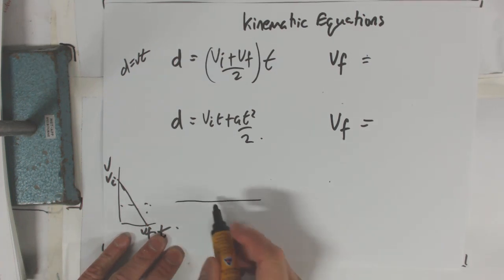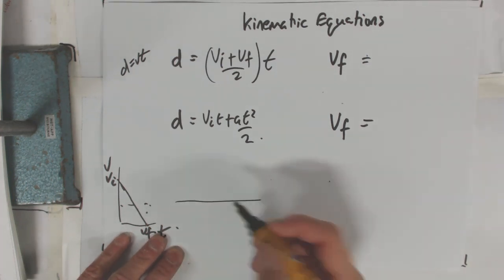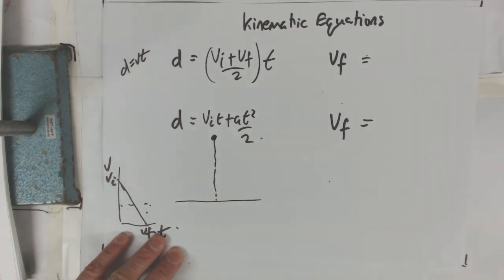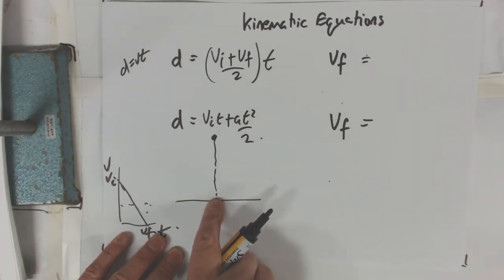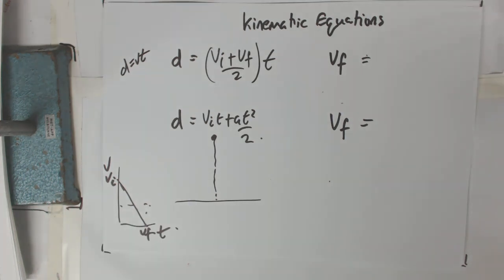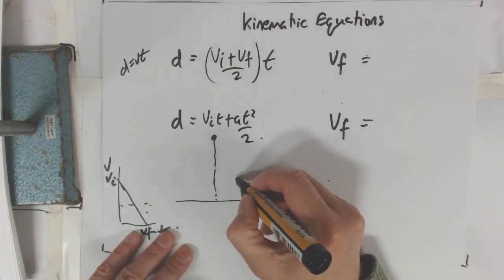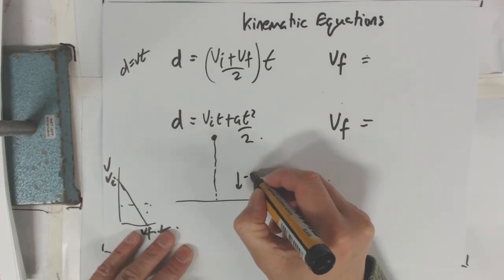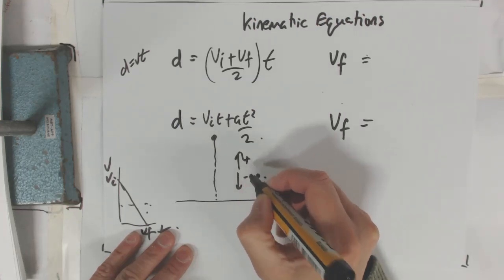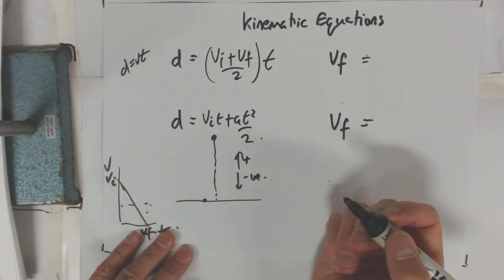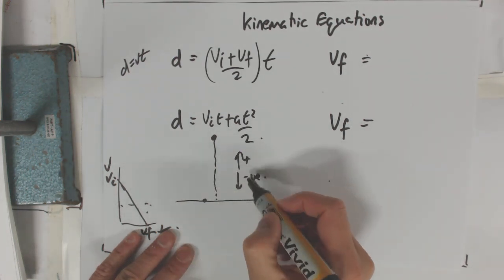When you throw something, or maybe a water rocket just blasts off the ground and goes up very high, it starts off with an initial velocity, and the acceleration is down. If we make down negative and up positive, then the velocity that it starts with, maybe 20 meters a second, is positive, but the acceleration is negative.